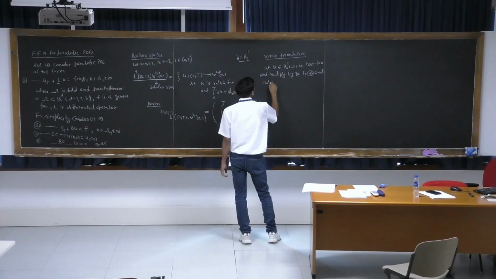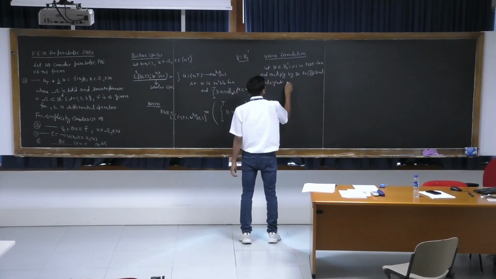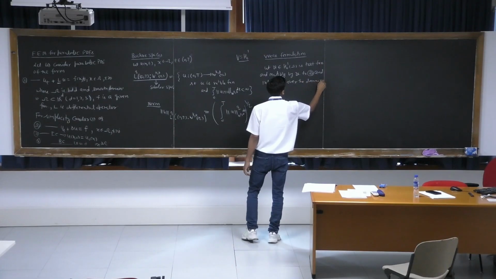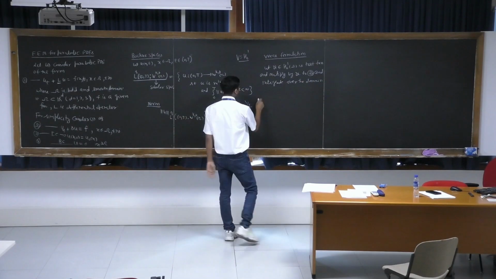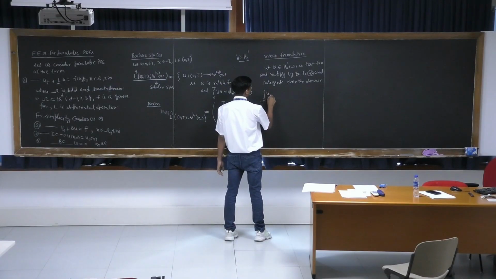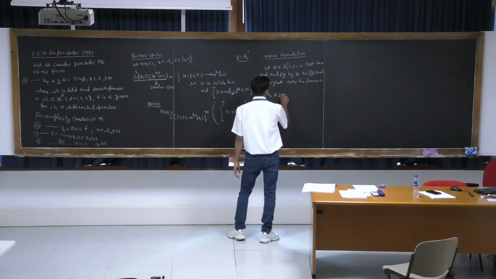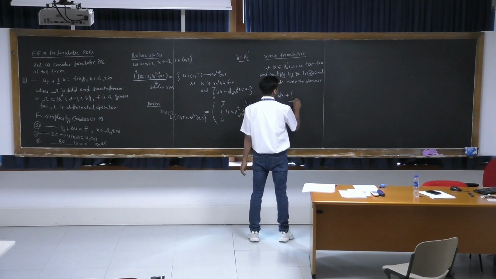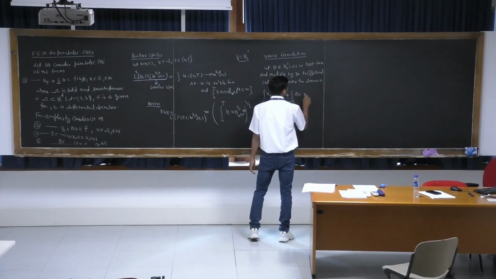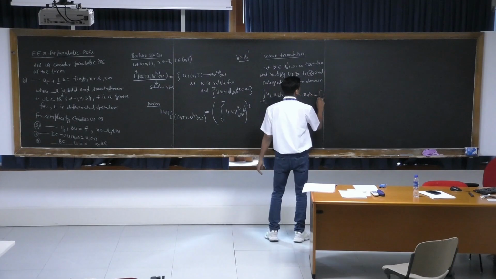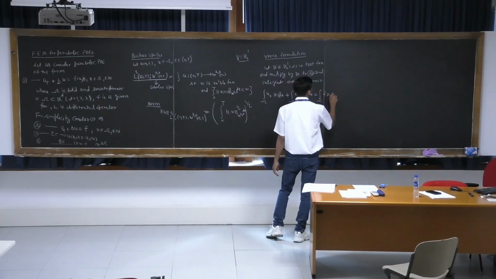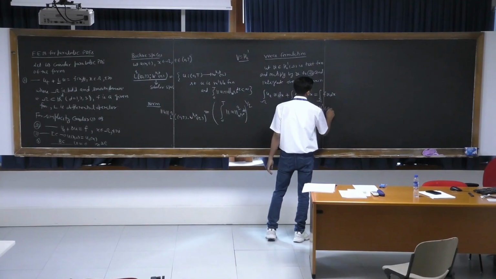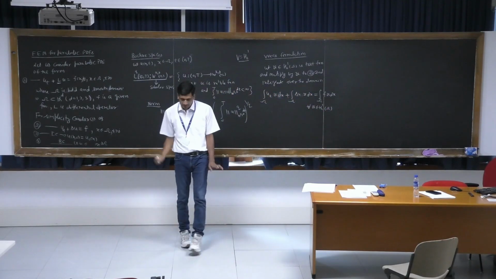So we have the integral over the domain of u_t v dx plus the integral over the domain of Laplacian u times v dx equal to the integral over the domain of f v dx, for all v belonging to H_0^1.